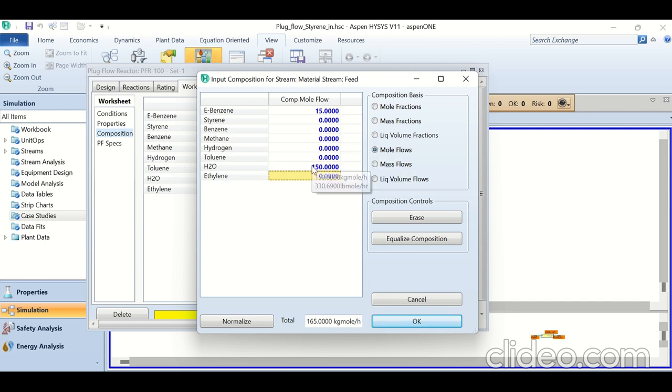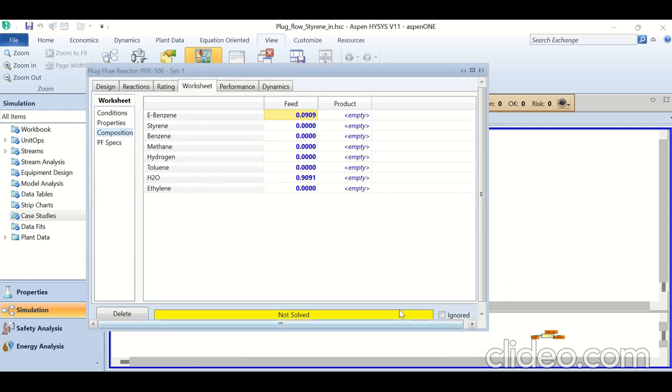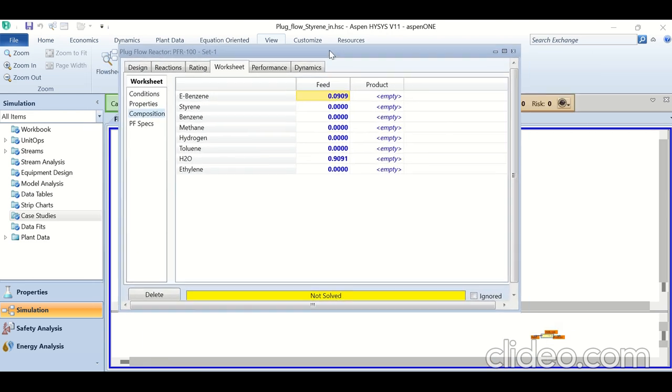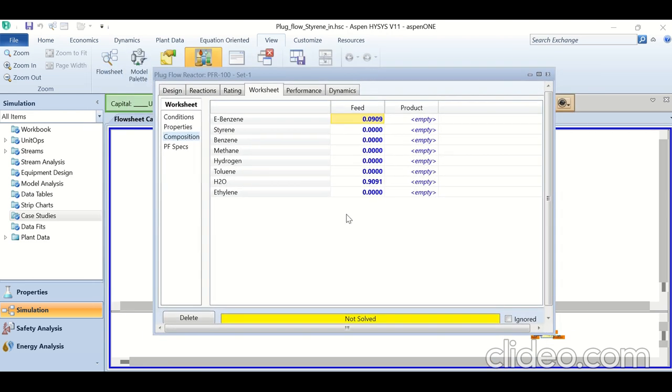And there is no ethylene. Click OK. So we have specified each and everything. Now wait for some time while the process is being simulated. After a while this will turn green. So the process is now simulated.